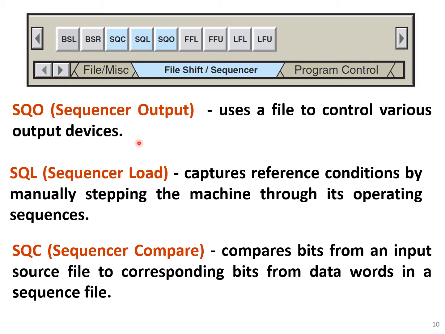What a drum switch basically does is similar to the SQO. We have SQL, sequencer load. We'll discuss this in the related slide when it comes to that section. And this video will discuss that.